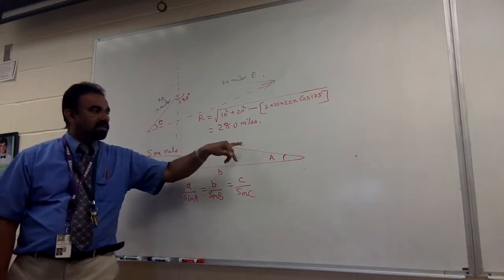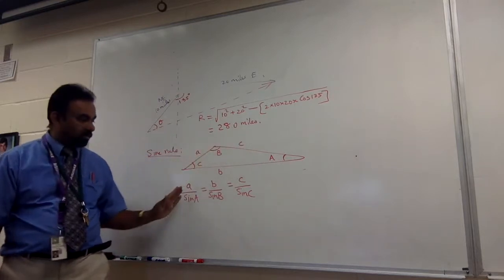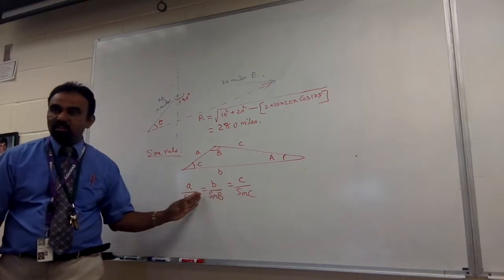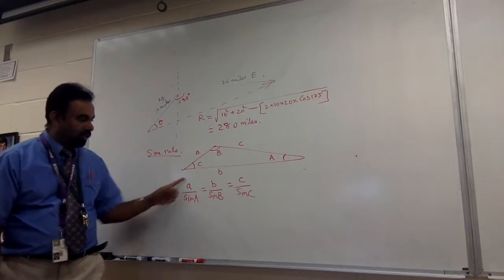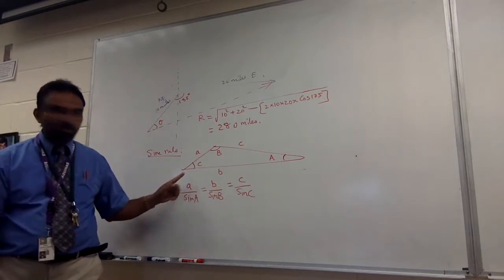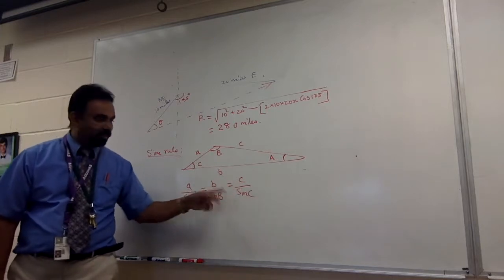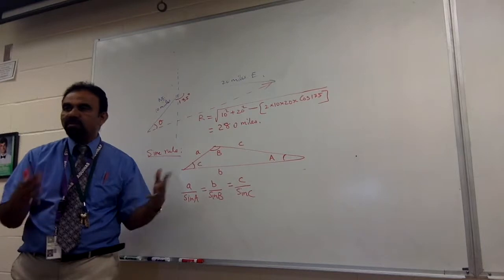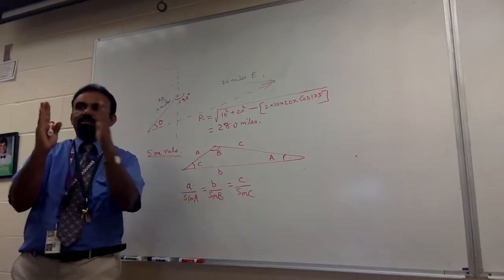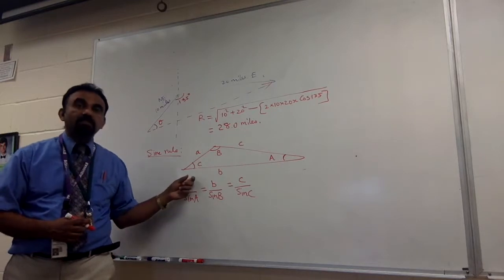It's the same thing as this side divided by sine of this angle. Now you can see that there are two equalities. You don't have to use both. You use one to solve for whichever is required. So you only need two sets of ratios to compare. This is called the sine rule.